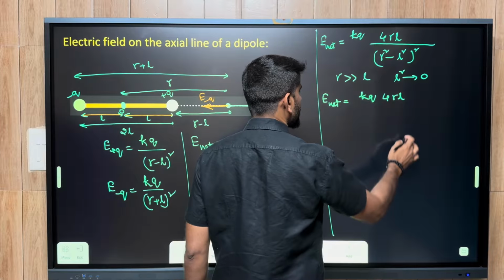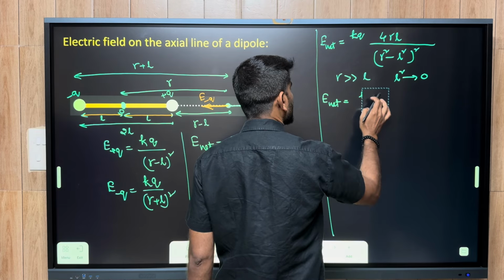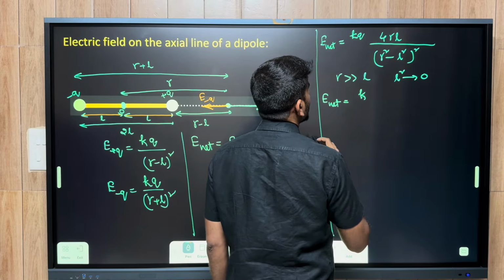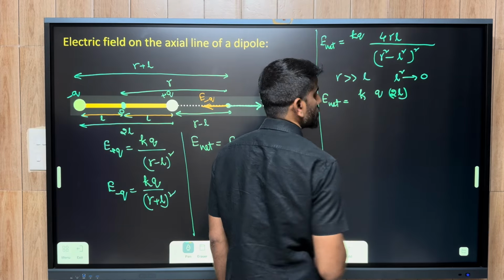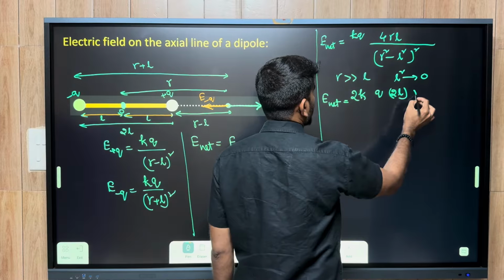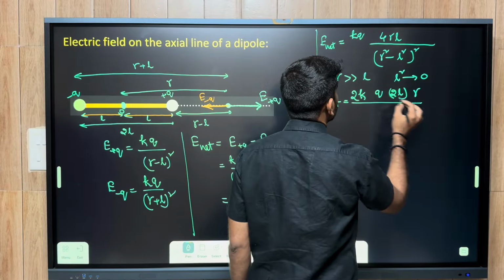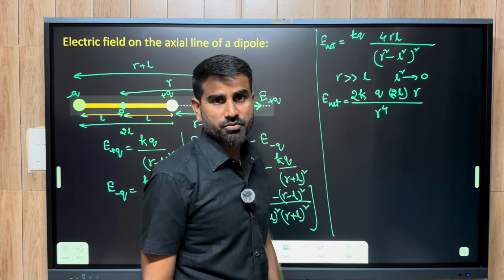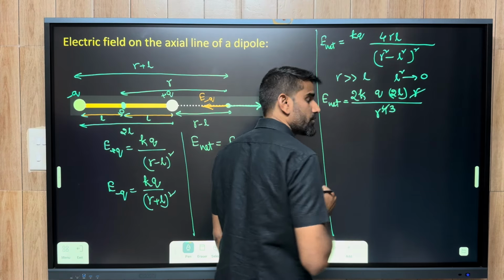This 4RL, I'm writing as K and Q, and this 4L can be written as 2L, I'm taking another 2 here, and we have R here. Now, in the denominator we have R square whole square, that means R to the power 4, because L square tends to 0. So one R gets cancelled.